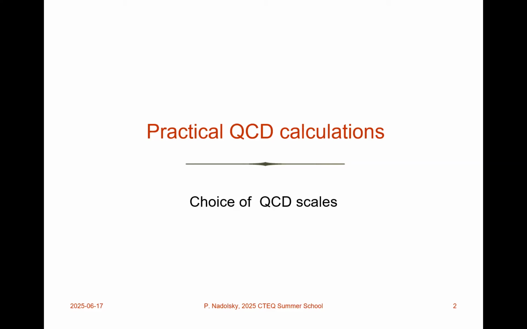But let me now go back to the formula for factorization of hadronic cross sections in the collinear factorization formalism. And essentially, by now we know that for a large class of observables, which are infrared safe, we only need to know the perturbative part of the calculation.